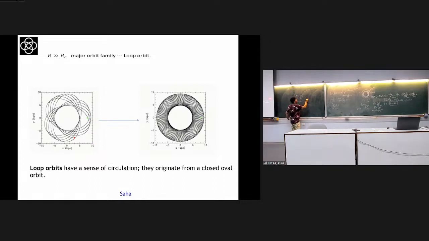So the potential one can write simply as a sum over G mi mj over the separation |Ri minus Rj|.